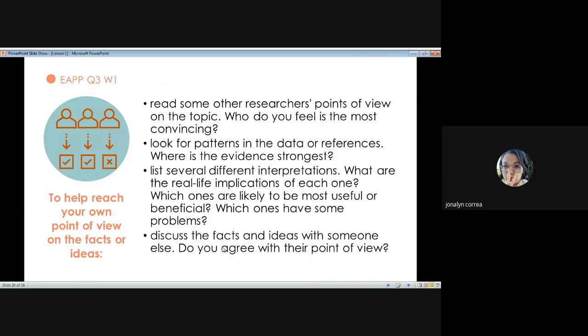What's your point of view? Why are you against this vaccine? So those are ways to build your own point of view. Then you are trying to now put them in writing. So that's persuasive writing.